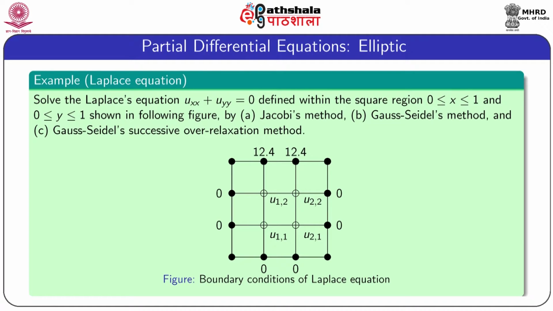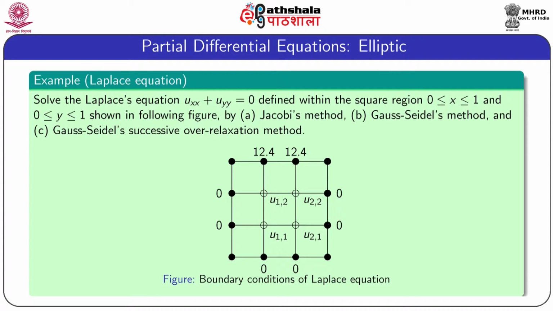Obviously the Laplace equation in 2 dimensions is del 2u/del x2 plus del 2u/del y2 equal to 0, and we have assumed that the region is bounded by 0 and 1 along the x direction and also bounded by 0 and 1 along the y direction. The problem is to be solved by Jacobi's method, Gauss-Seidel method and Gauss-Seidel successive over relaxation method.